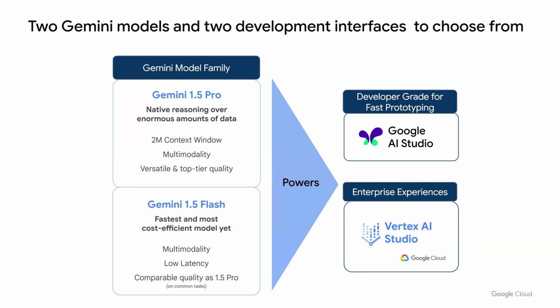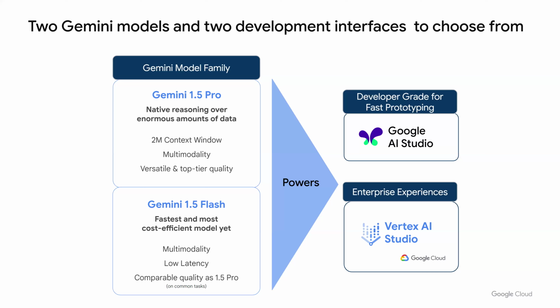And we also have the Gemini 1.5 Flash. It is our fastest and most cost-efficient model. It is also multimodal, but it has very low latency, and quality-wise, it's comparable to 1.5 Pro, especially on the most common and repetitive tasks.